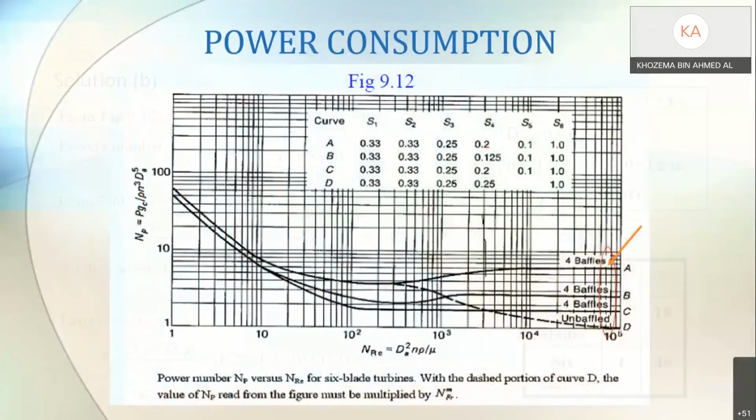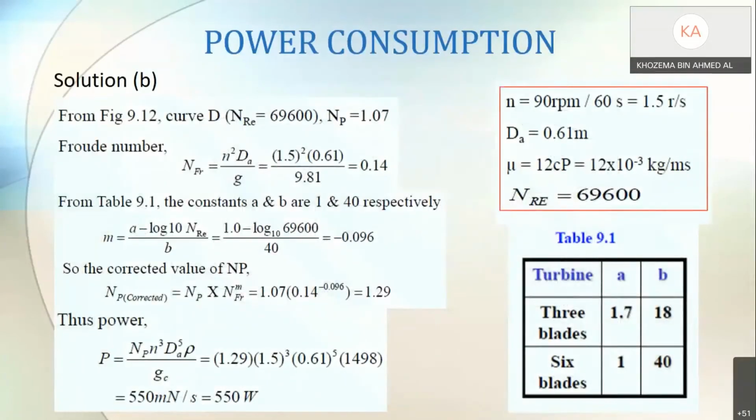Now let us look at B. B is saying that it is unbaffled. And from our previous question, we know that our value of Re is actually 69600. So it is definitely above 300. So for unbaffled and above 300, the Froude number will always come into effect.